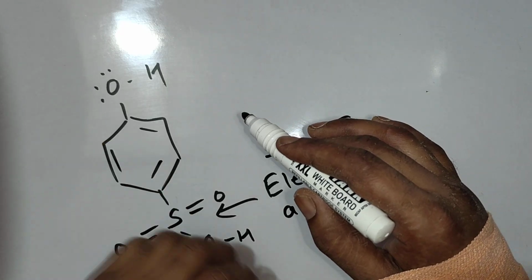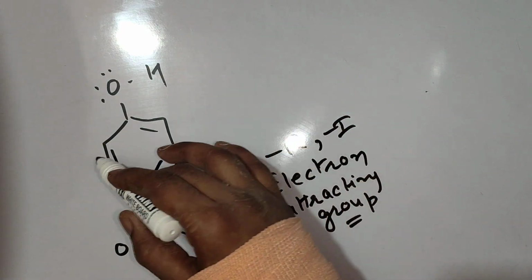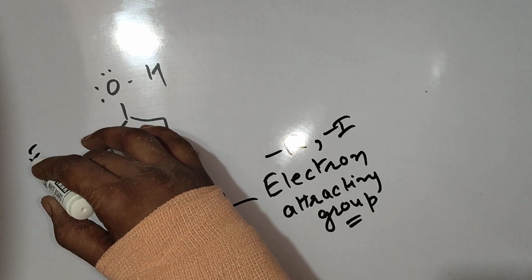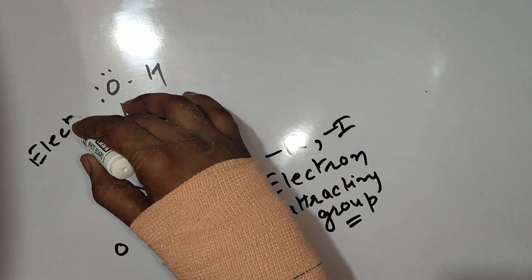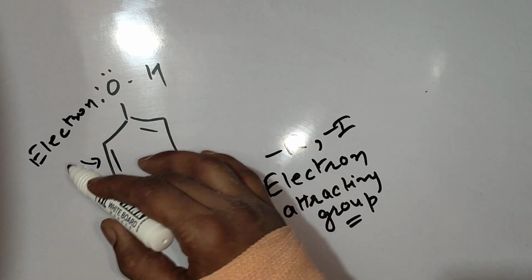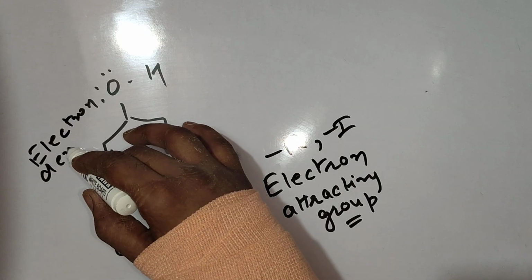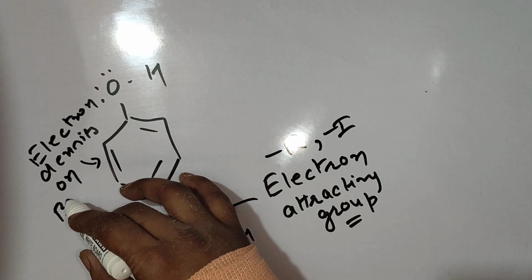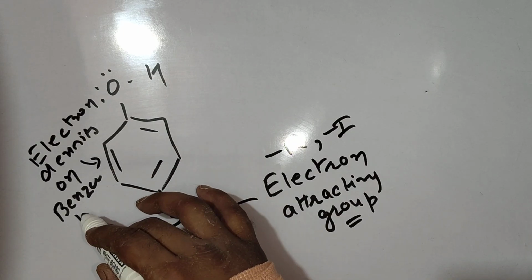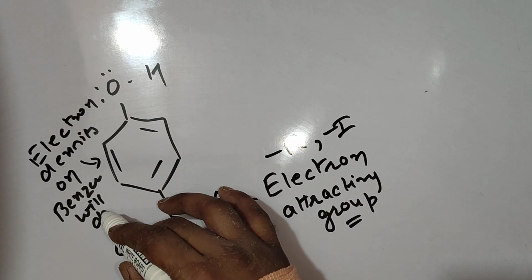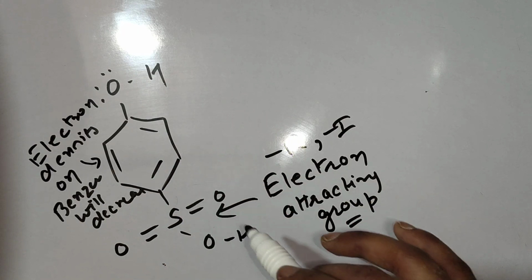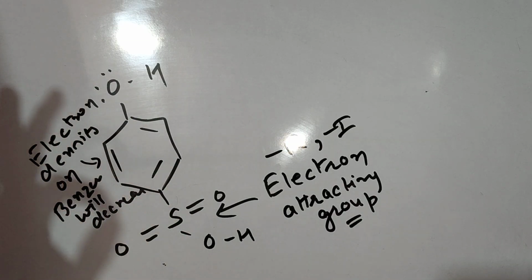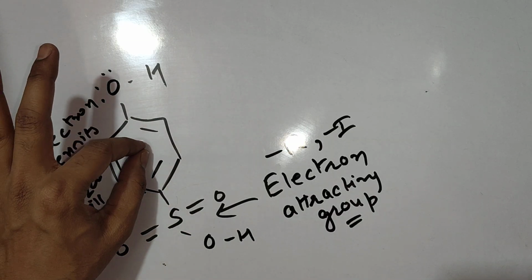Because it's an electron attracting group, the electron density on the benzene ring will decrease. The sulfonic group is attracting electrons from the benzene, so the electron density, or amount of electrons, on the benzene ring will decrease.